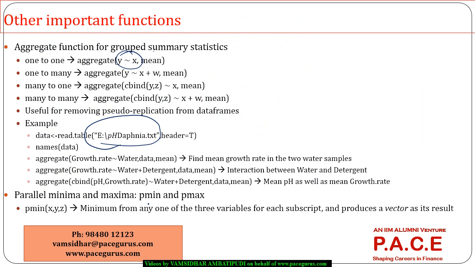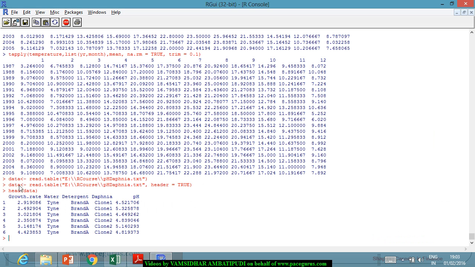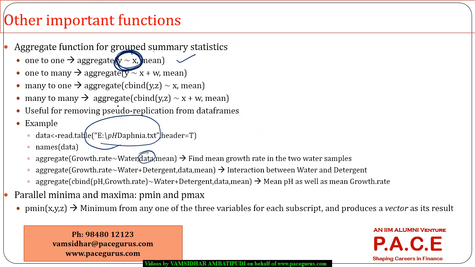When I say aggregate with a one-to-one relationship, I want to aggregate within this data file between my response variable and one categorical explanatory variable.